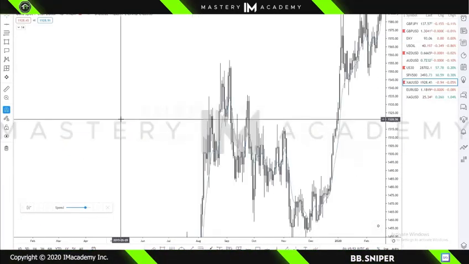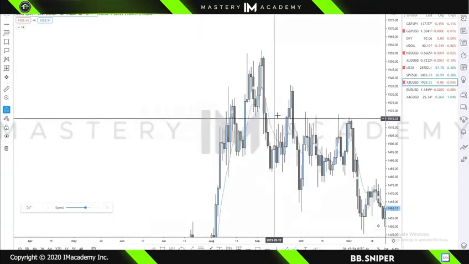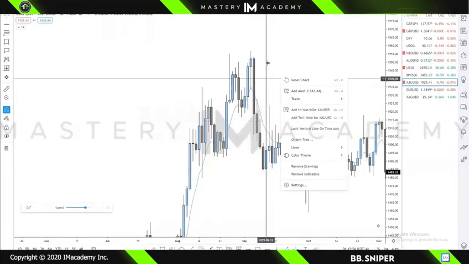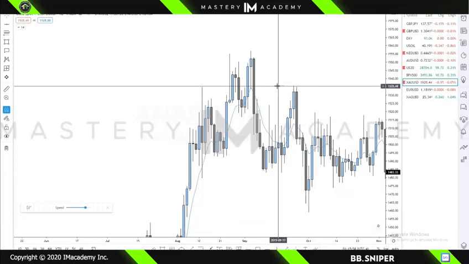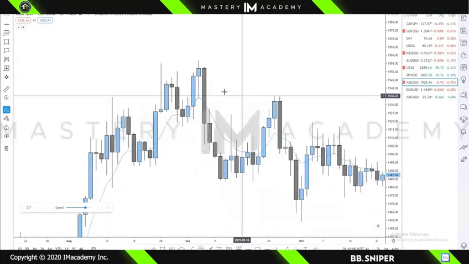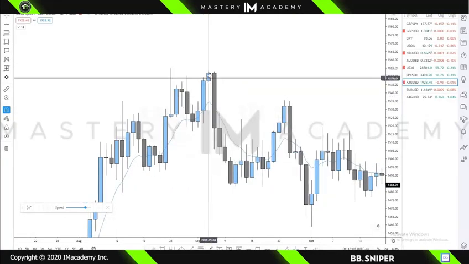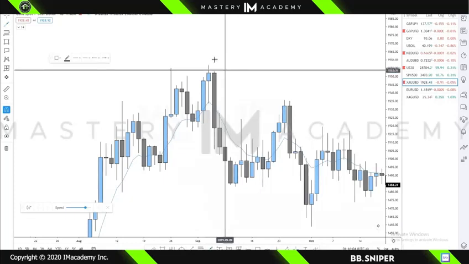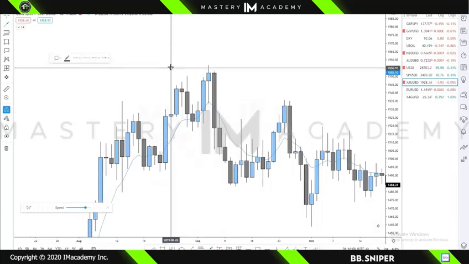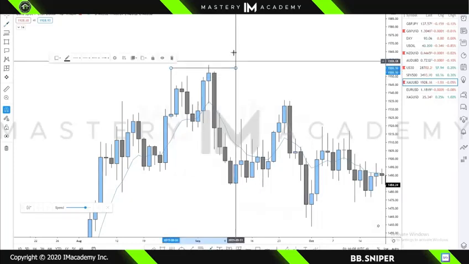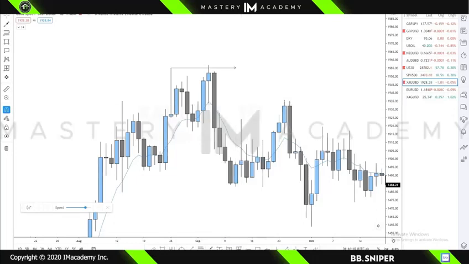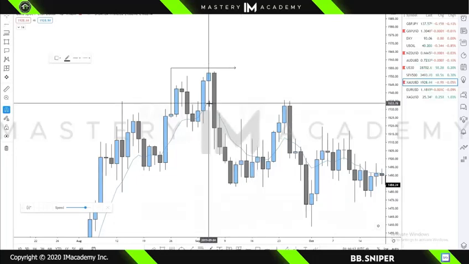Go on this daily here. Notice how this last bullish candle captures this liquidity in the form of this high, and it's sitting inside of an imbalance.